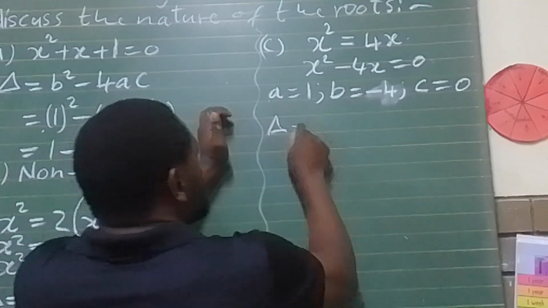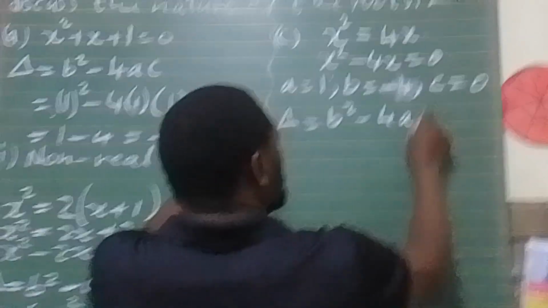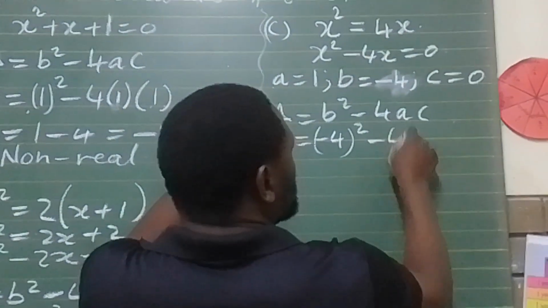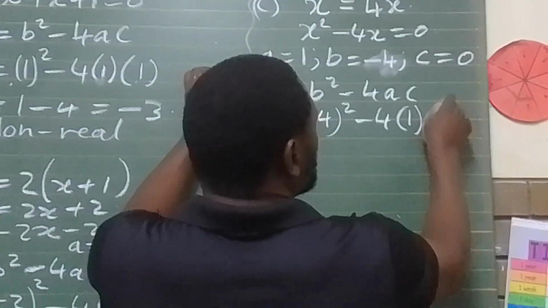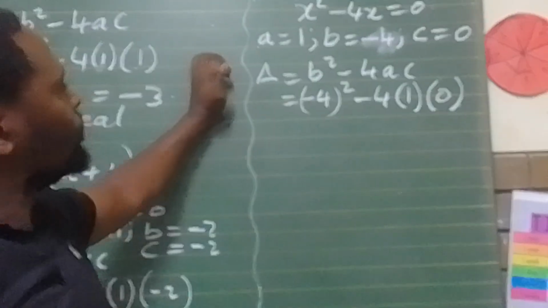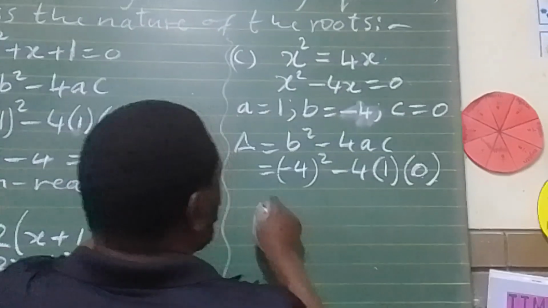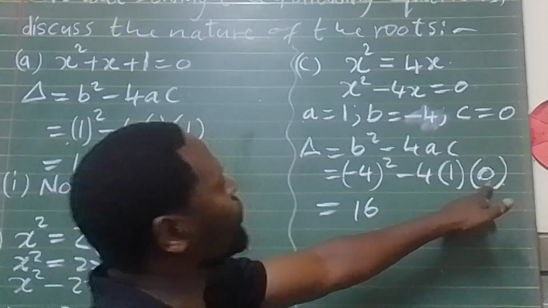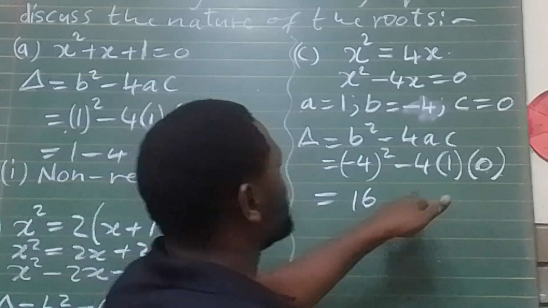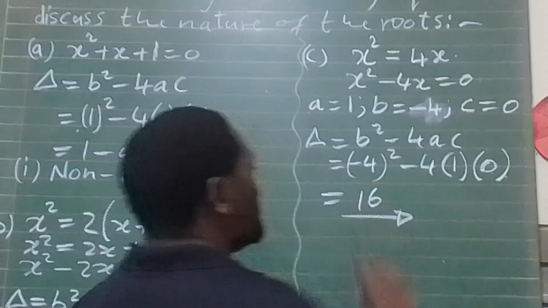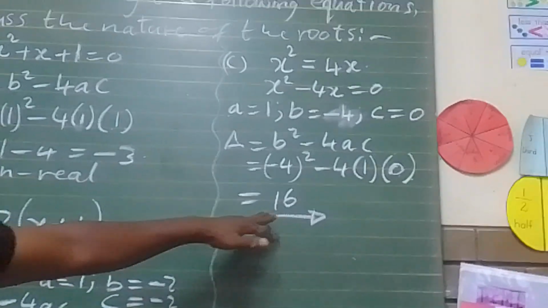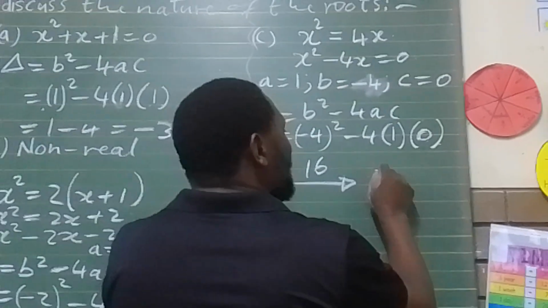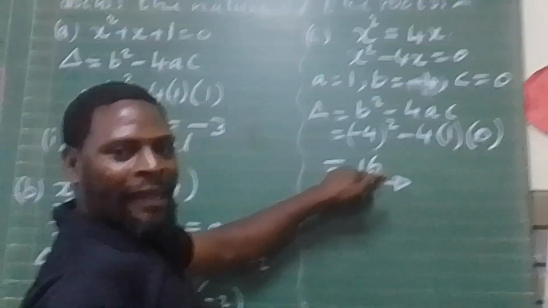Then the discriminant is equal to b squared minus 4ac, where your b is minus 4. You square that, minus 4, your a is 1, your c is 0. A negative 4 squared is 16. Any number that you multiply by 0 is 0, plus 0 is 16. This is your answer. Now, what is the nature of the number 16? 16 is a perfect square.